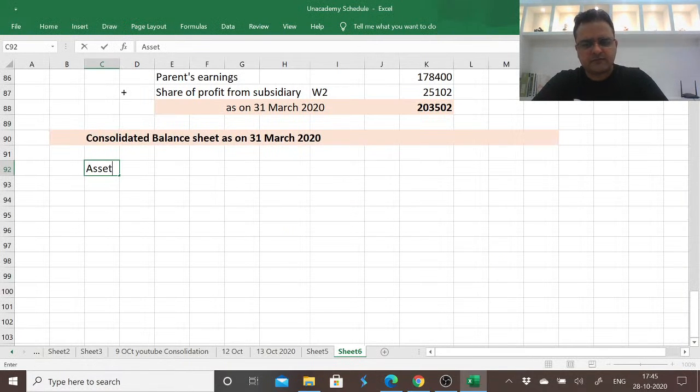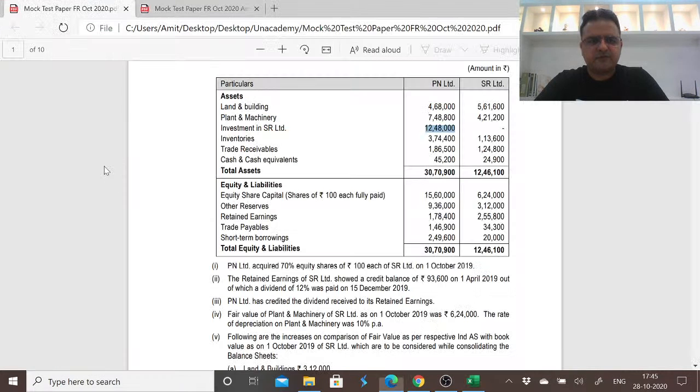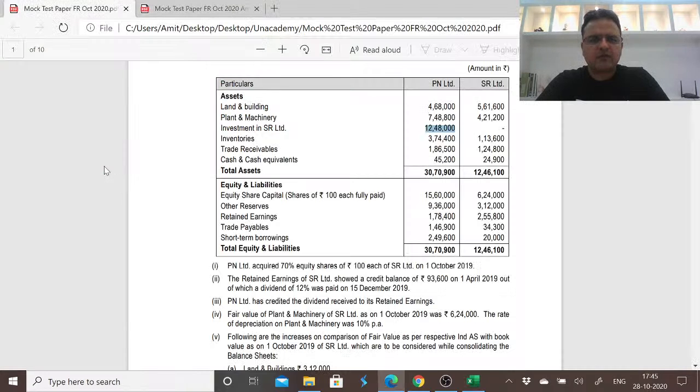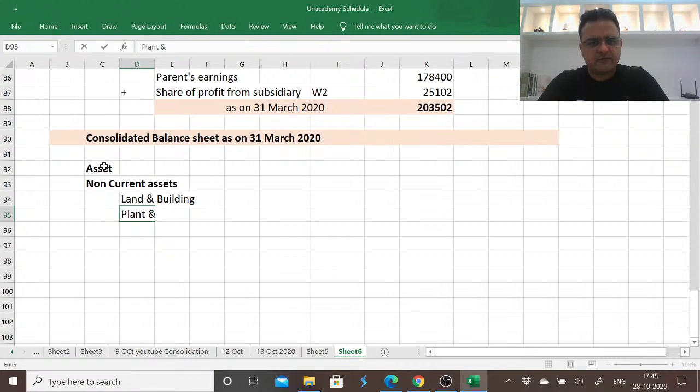Assets. Among the assets we have non-current assets: land and building, and plant and machinery.